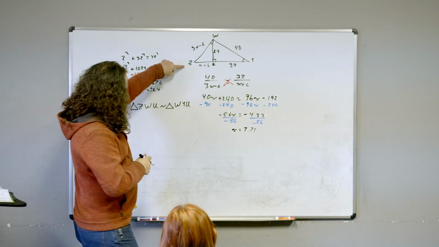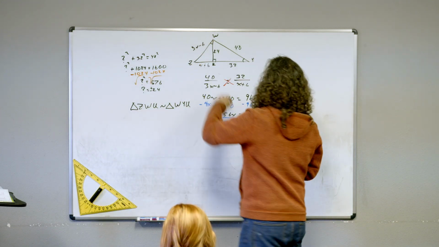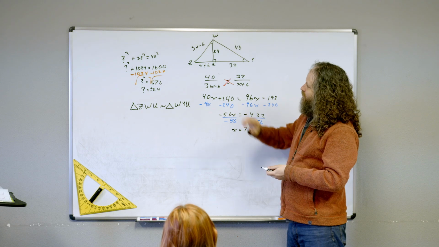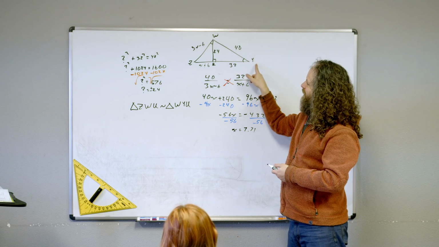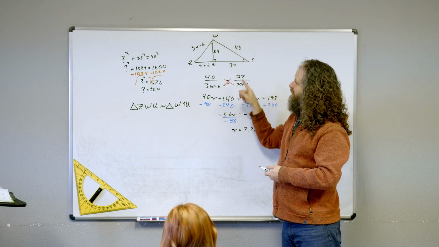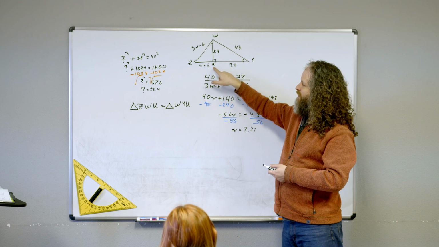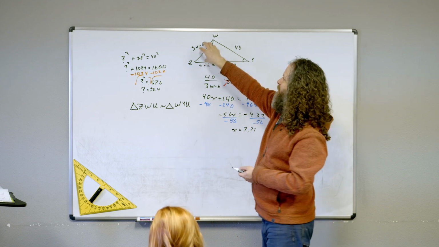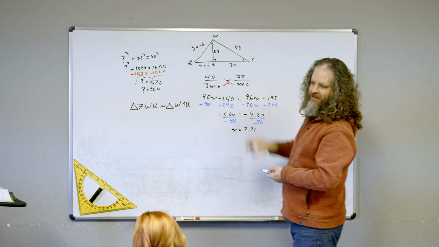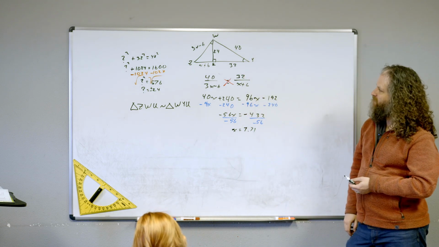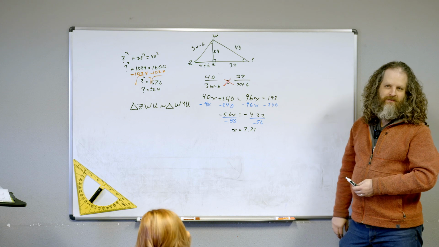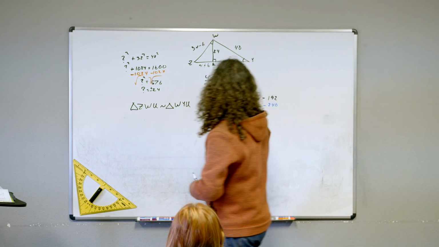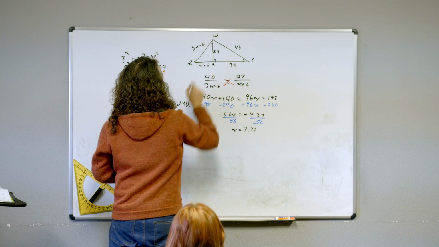So Z goes with W on the triangle, and W goes with Y on that other triangle, the pointy end. U goes with itself. It's the shared one. By what method? Angle, right?